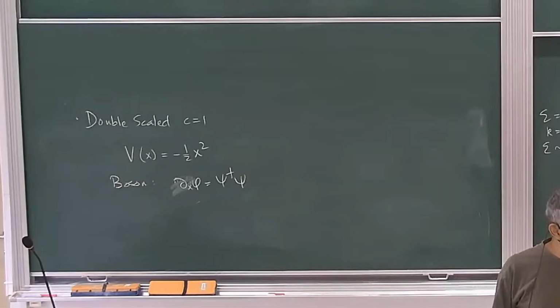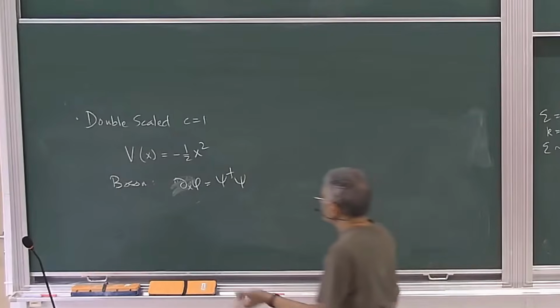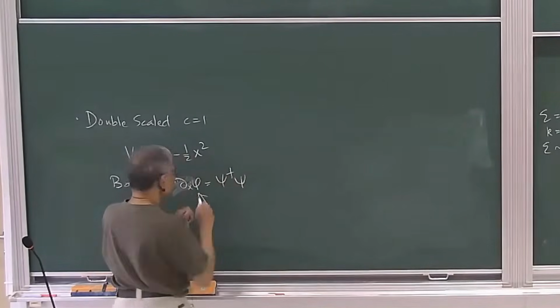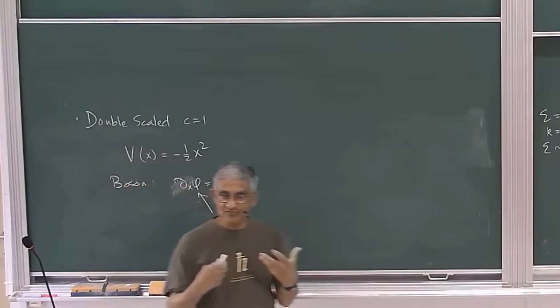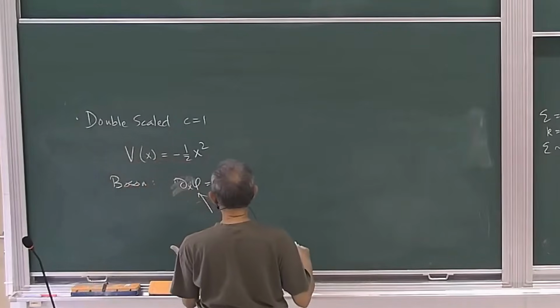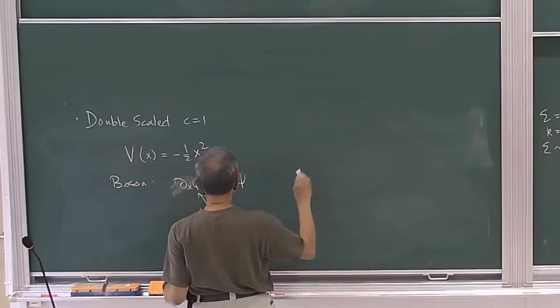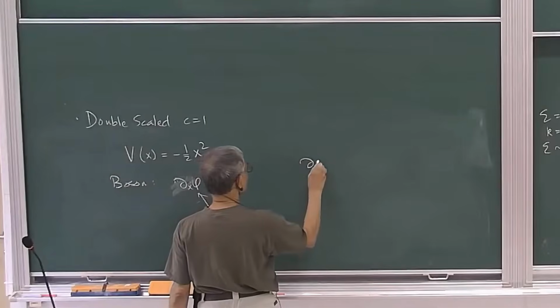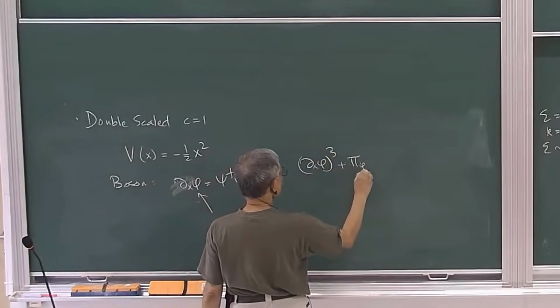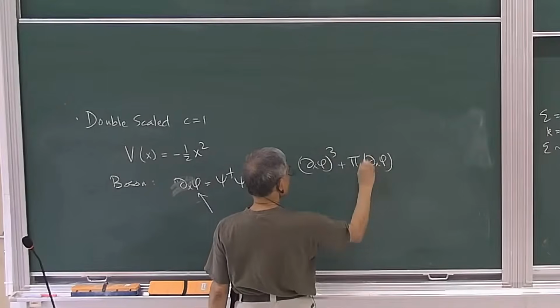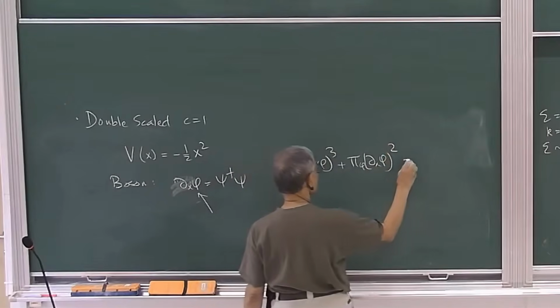Because of that, this boson is self-interacting. And when the number of fermions is large, there are cubic interaction terms which roughly look like this, some part phi plus dot dot dot.